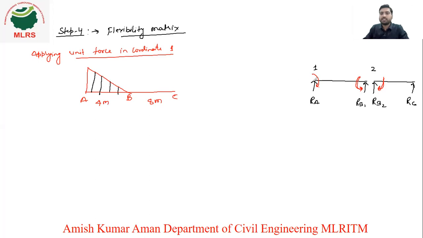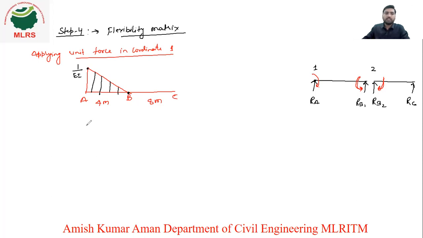Because at this point we have given the unit rotation, so the deflection value at this point will be 1 upon EI, and similarly at B it will become 0, because the effect will be over at B, right?